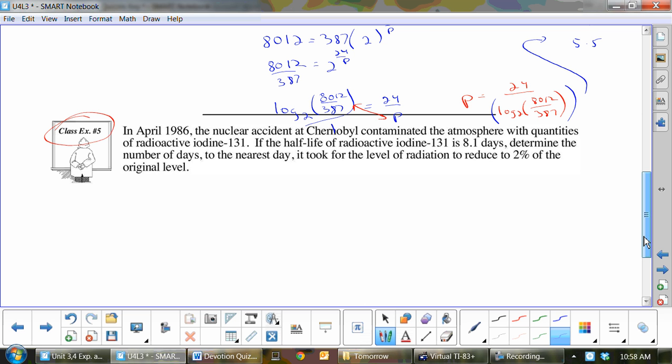Now, what we're looking for: it happened, and we know the half-life of radioactive iodine is 8.1 days. Determine the number of days for the level of radiation to reduce to 2%. Maybe the experts say when it's below 2%, it's not harmful to humans, so we're not going back until that time, right?